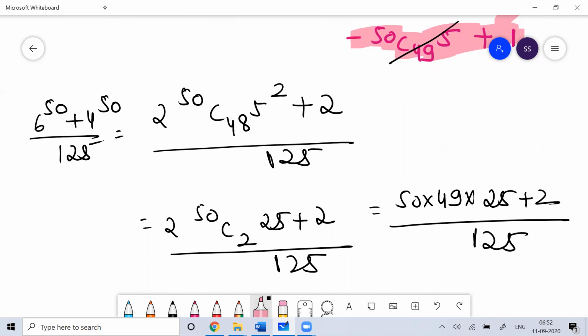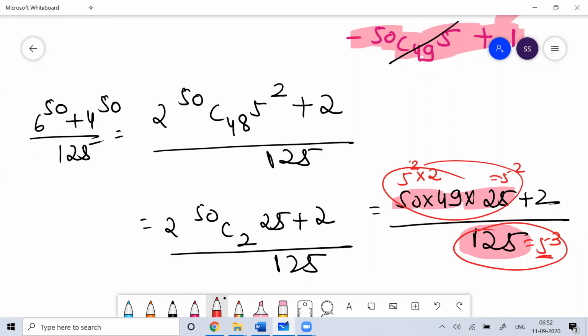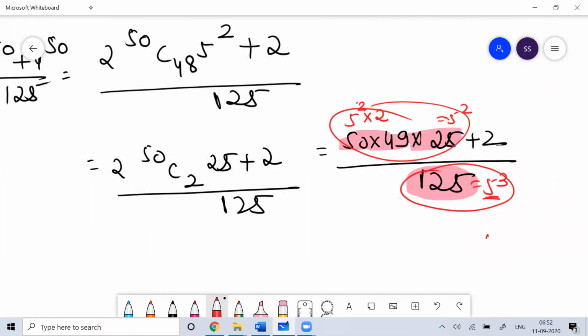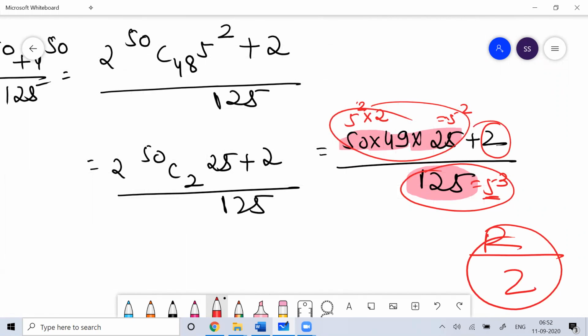Now you know that this number definitely would be divisible by 125, because 125 is 5 cube, and here you are getting 2 fives, here also 2 fives. So this is more than 3 powers of 5. Automatically they would be divisible. So ultimately the remainder for this problem would be the 2 that is left, plus 2.